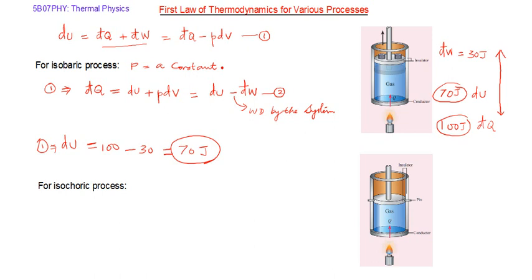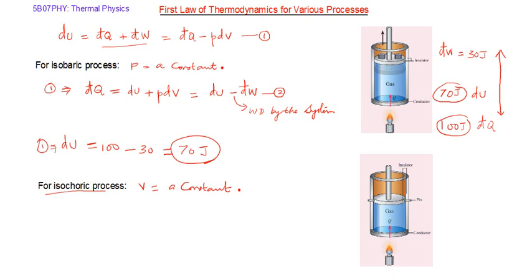Now let us come to the next case, that is an isochoric process, and it is quite a simple matter. For an isochoric process, the volume of the system should remain constant. Now, how can we maintain the volume of the system constant?